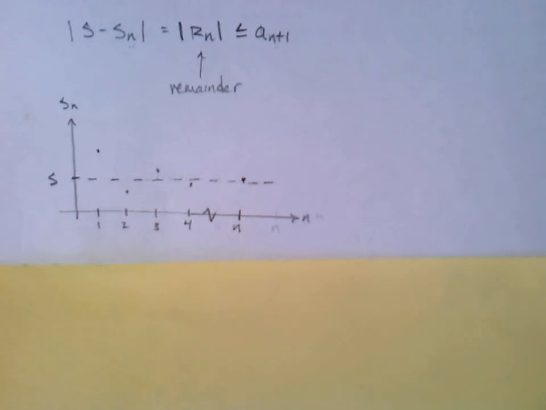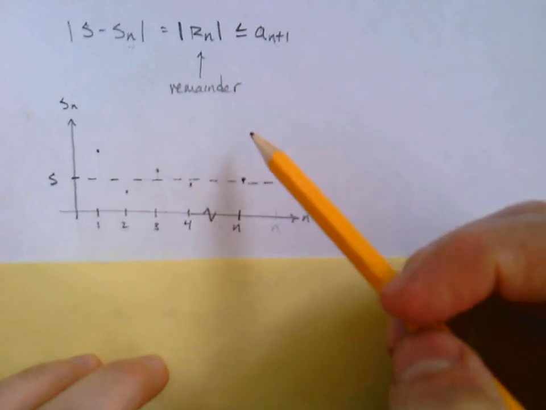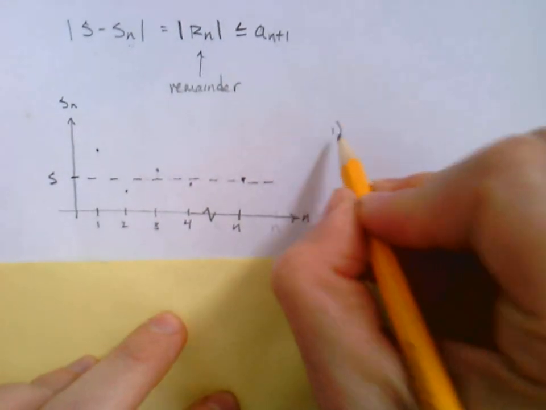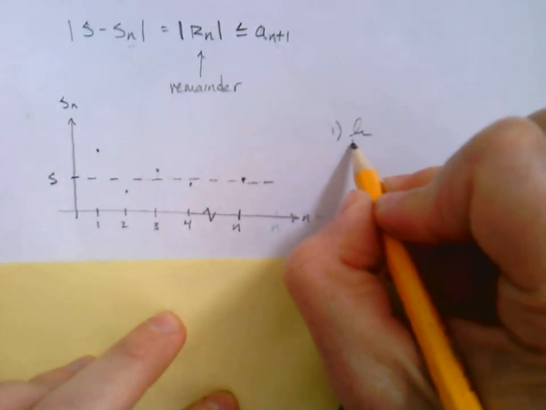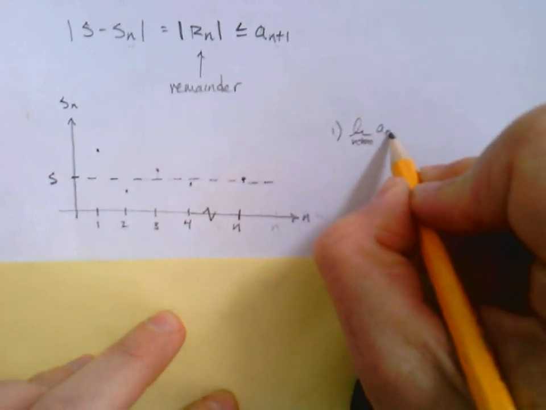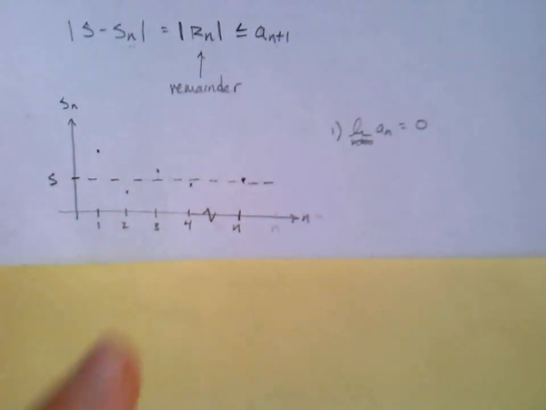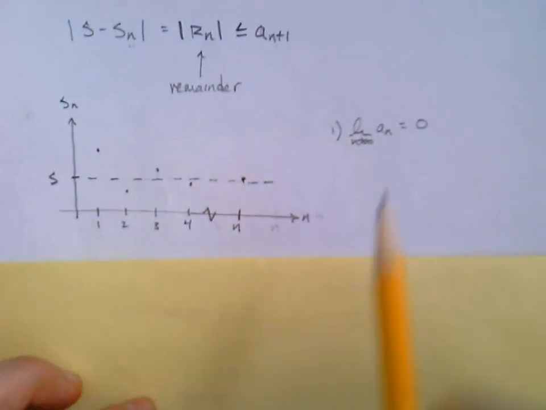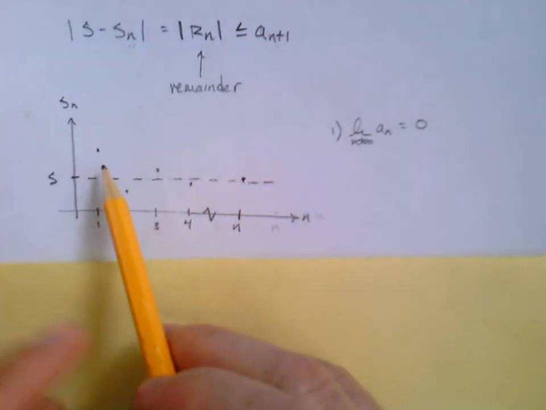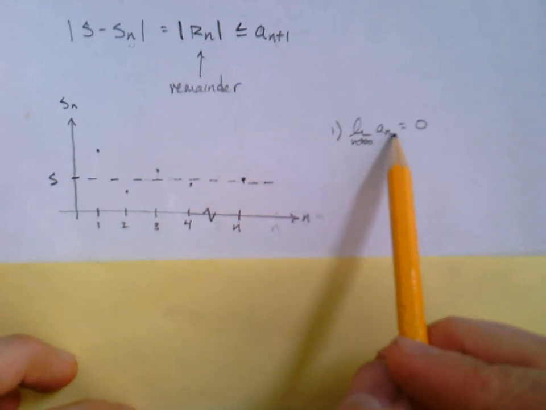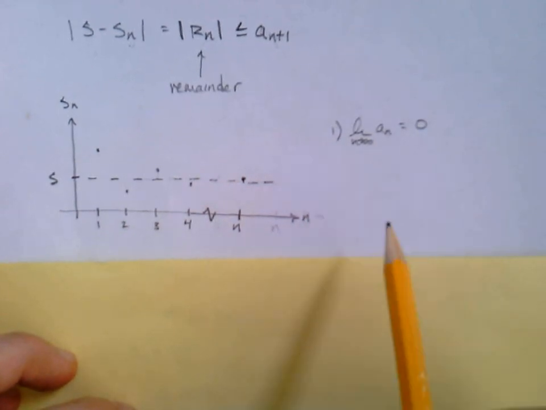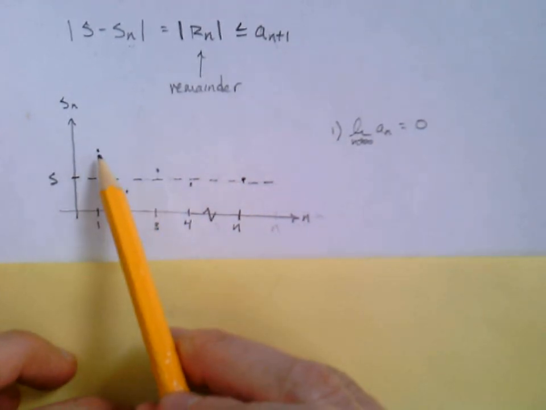Why would it jump back and forth over the line? I was told, again, because it converges, I know the first condition is that the limit of these terms goes to 0. So they're getting smaller. There are two things going on. The terms are getting smaller, and they're going positive, negative, positive, negative.